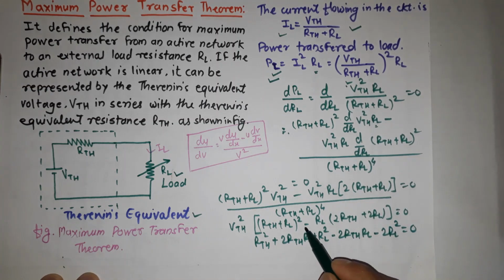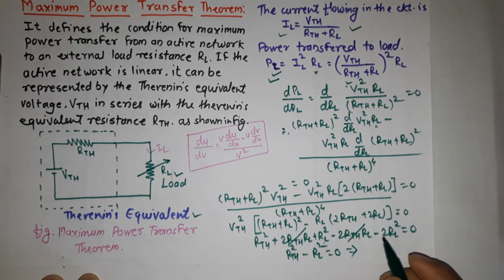Here the plus 2 RTH RL and minus 2 RTH RL get cancelled. RL square and minus 2 RL square gives minus RL square. So we get RTH square minus RL square is equal to 0.